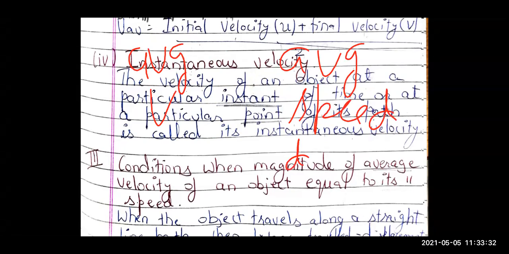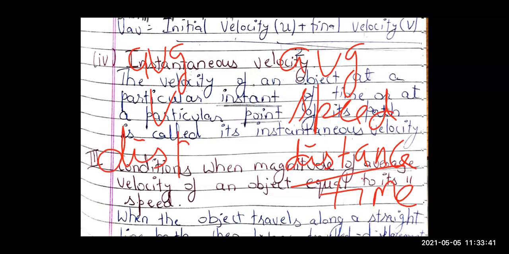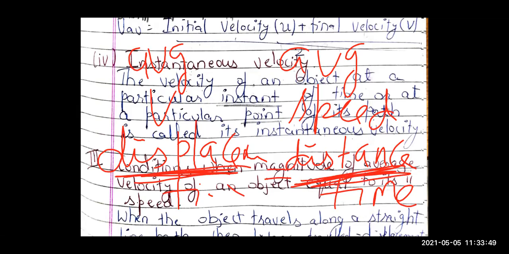Average speed is total distance by total time, and average velocity is total displacement upon total time. So if the displacement and distance become equal, then average velocity and average speed will be equal. So let's see.